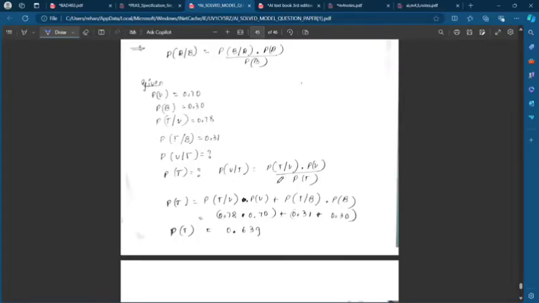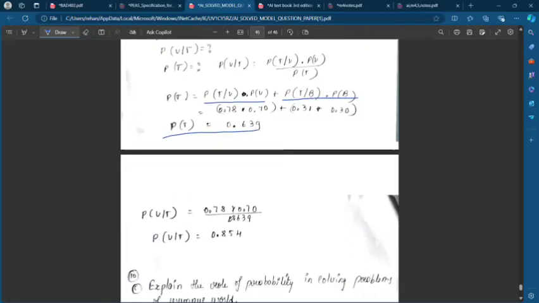So to find it, we can write P of V given T is equal to P of T given V into P of V divided by P of T. Now I have to find P of T. P of T can be written as P of T given V into P of V plus P of T given B into P of B. These things are given here, so I add this into this plus this into this.